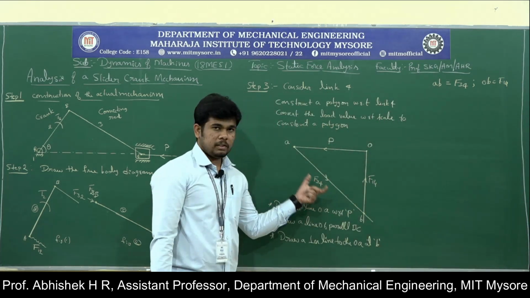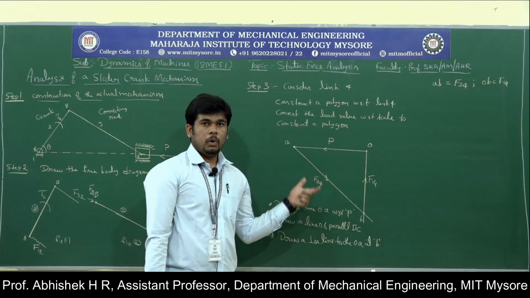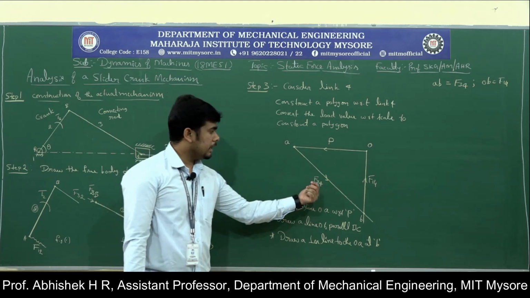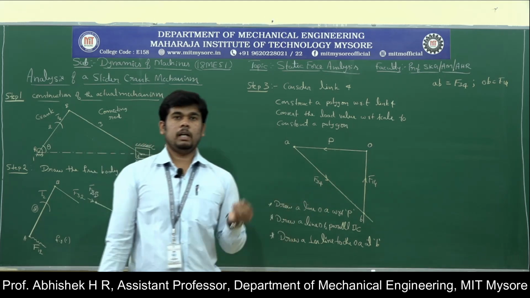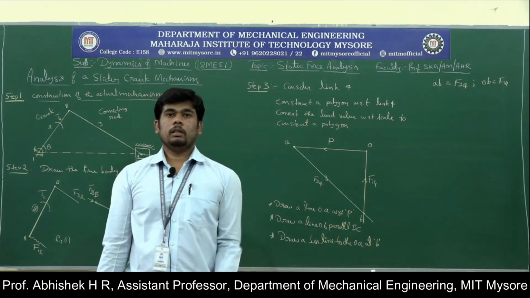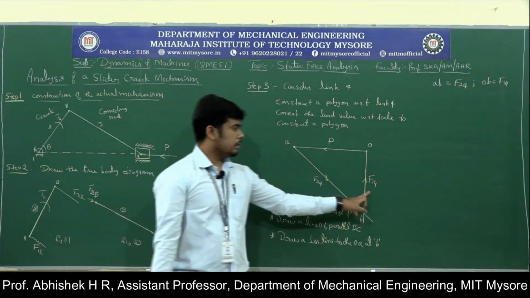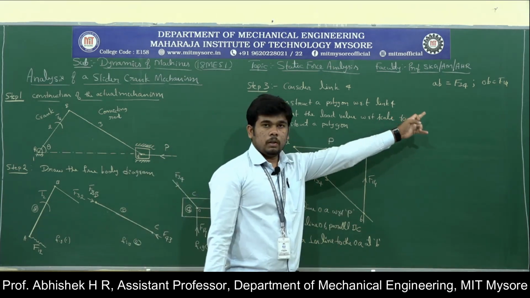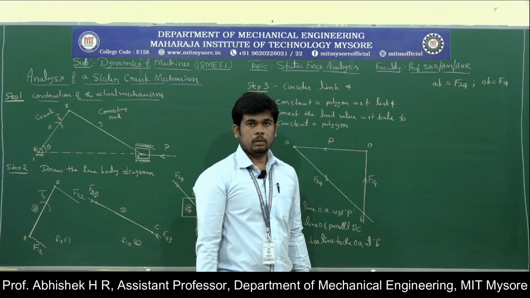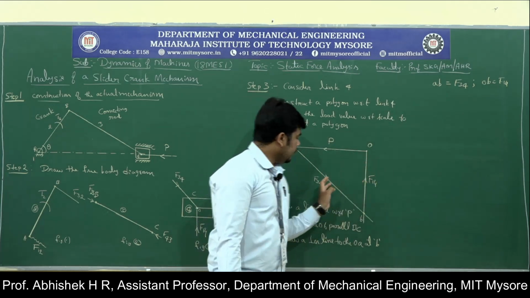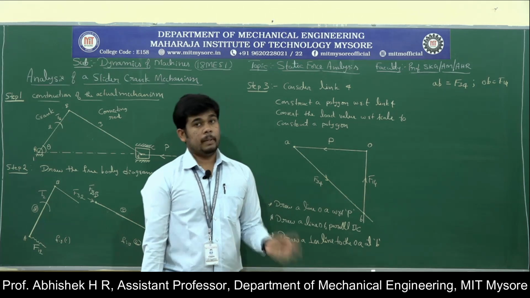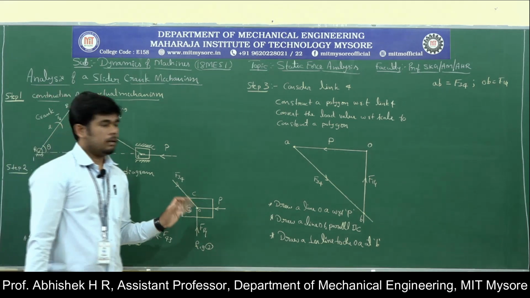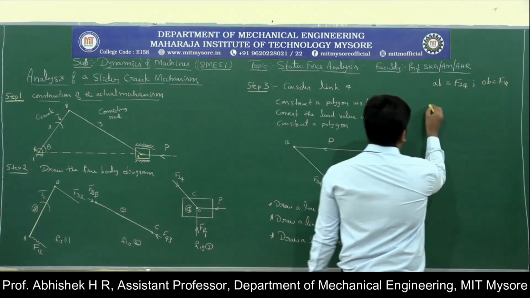So measure this distance, multiply with your scale, so that you will get the force value of this AB, that is F34. The force of the link 3 is exerting on the link 4, as well as the force of the link 1 is exerting on the link 4. So you will get the required forces. Now this is only the F34 and F14, but as per the conditions of two force member, we know that.